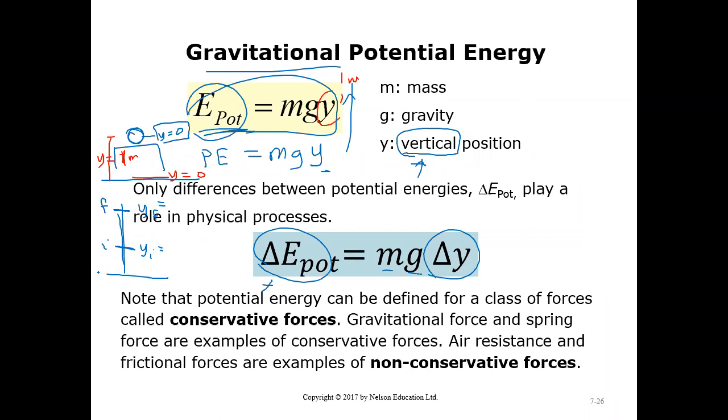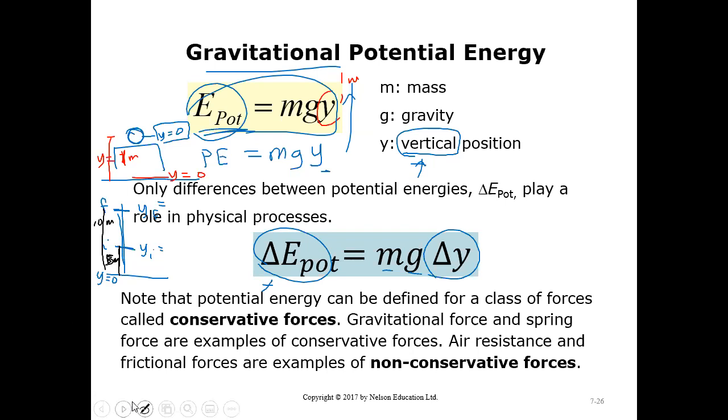Let's say you put the 0 here, and let me say this distance is 5 meters, and this distance is 10 meters. The height is only 5 meters here, and 5 plus 5 is another 5.